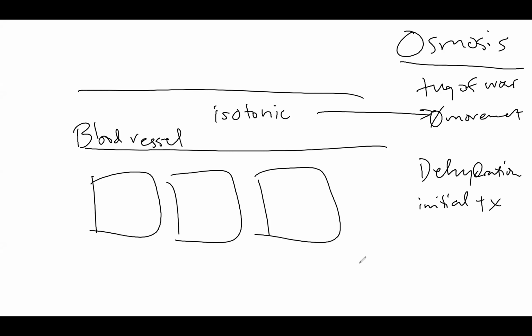Because what is your priority in any emergency? It's airway, breathing, circulation, correct? So in the case of life-threatening emergencies, circulation is your priority. If the patient's blood pressure is really low, we have to give isotonic. We need to increase that blood pressure to keep the patient alive until we can correct the other problem. Are you with me so far?